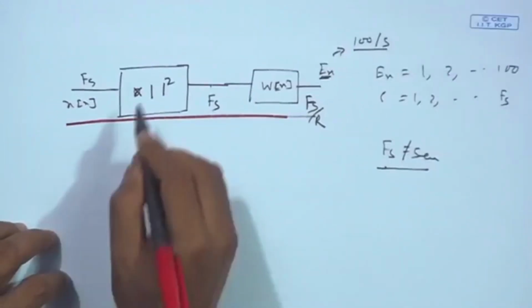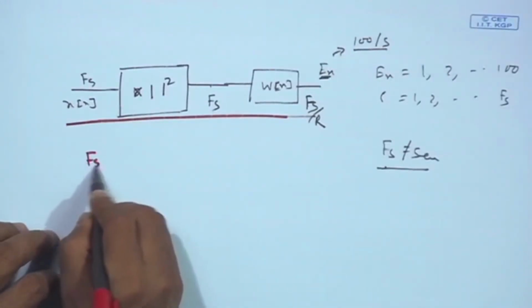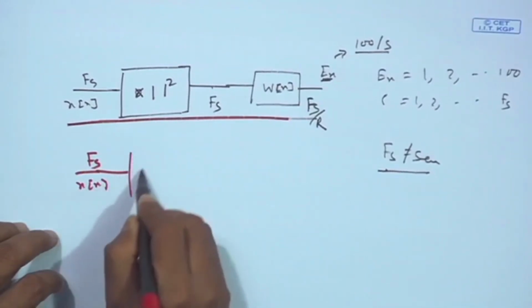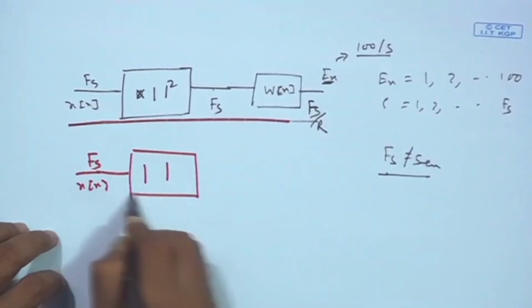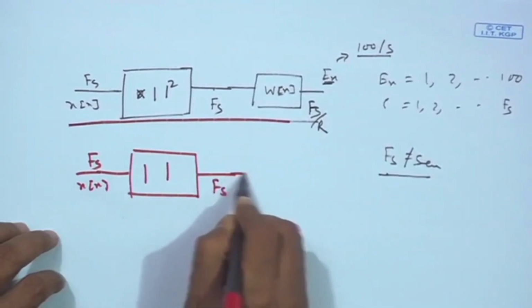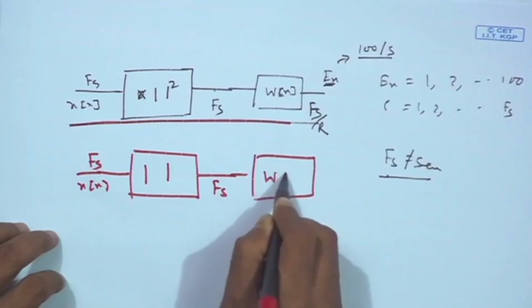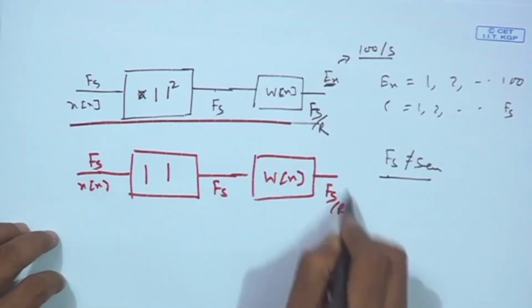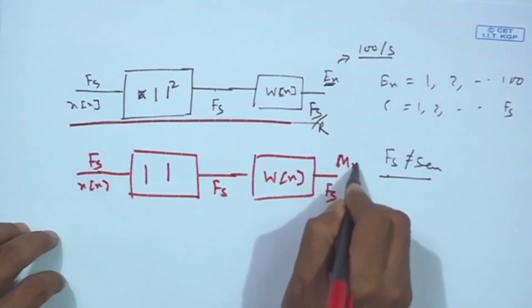Now, if I am interested, instead of energy, I can replace this same box by only magnitude. Again it is fs, and if I put a window w[n], I get fs by R, that is M[n].